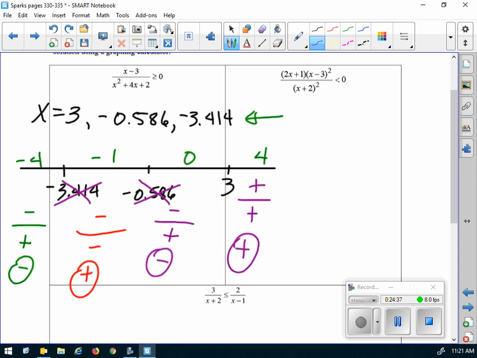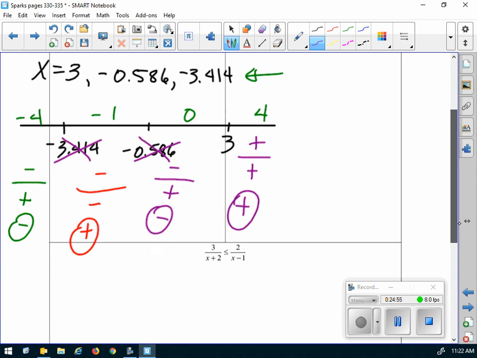Because those are critical. It means something weird happens to the graph, either a hole or a vertical asymptote. Because I have to break the function, the graph there, because something funky happens.